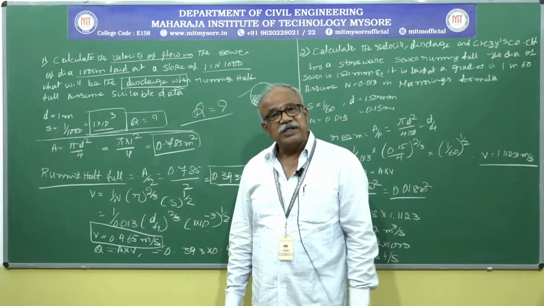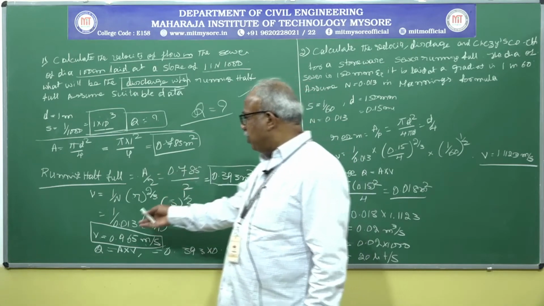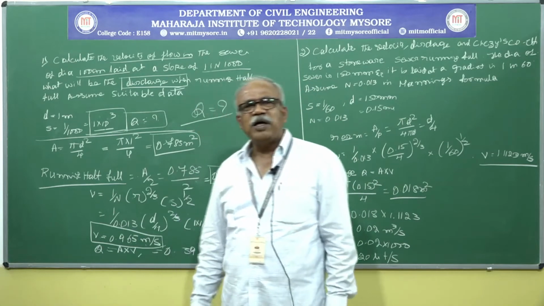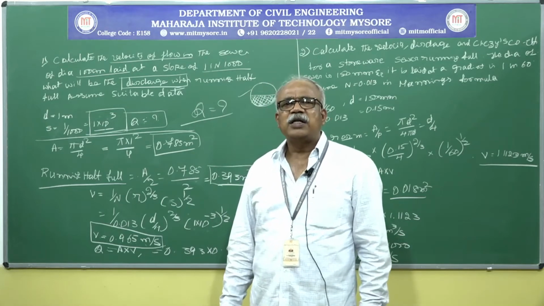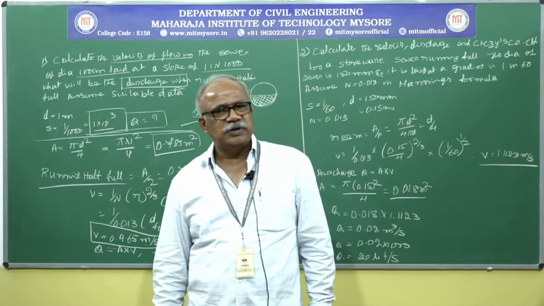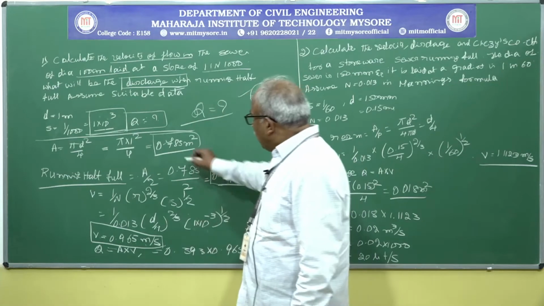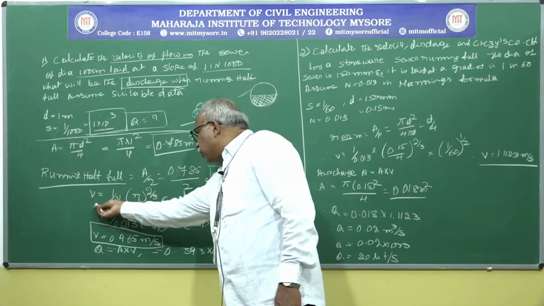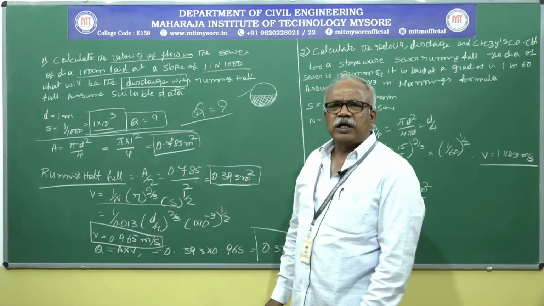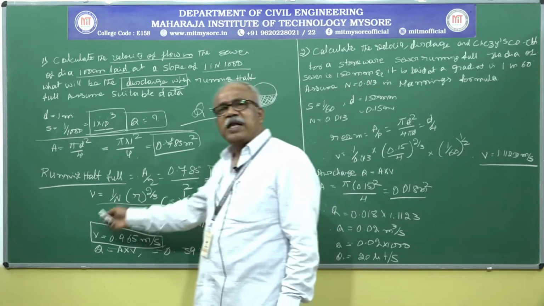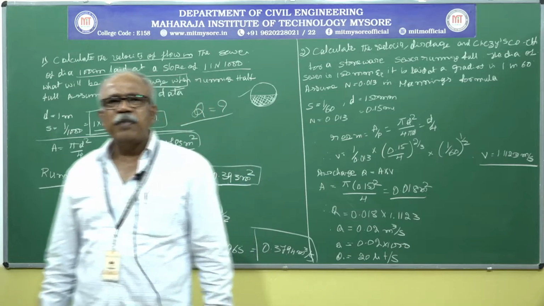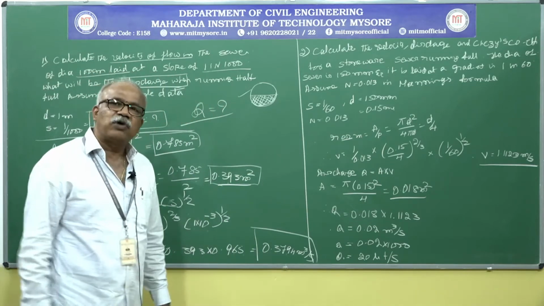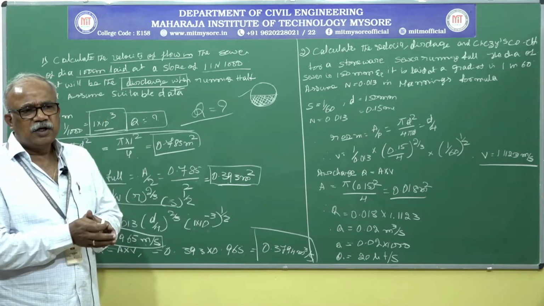It may be Manning's formula, Bazin's formula, or Kutter's equation. According to the data available, we can use these. Normally, all of us are going to use Manning's equation only.